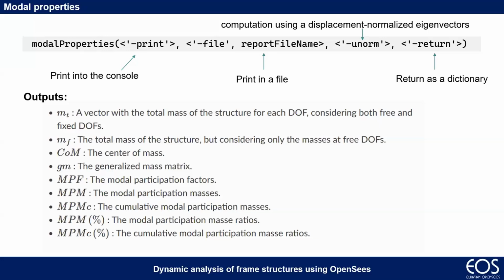Questions? Sure. Do loads influence eigenvalues? No, not at all. You have to declare loads and masses separately. Pay attention that if you declare different numbers that are not connected together, OpenSees is okay with that.